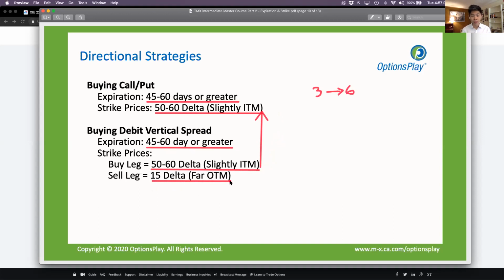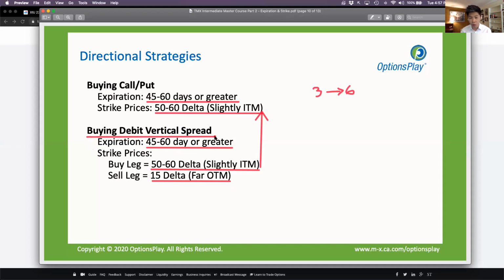And the two offset that time decay a little bit, meaning the short leg's time decay offsets the time decay of the long leg. And this allows you to stay in a trade a little longer. It also reduces your risk and it increases your probability of profit on the trade. So this is a strategy that we use very heavily in our trading, which is using debit vertical spreads, because it's one of the most efficient ways to apply leverage using options that you can't do by any other strategy.